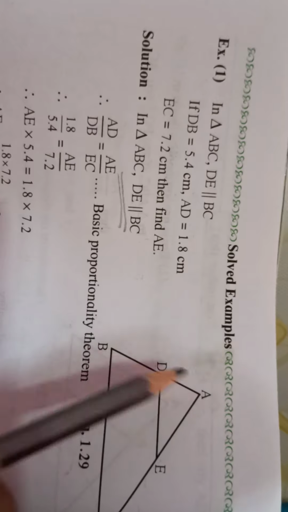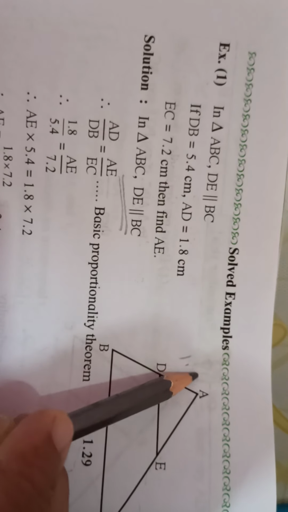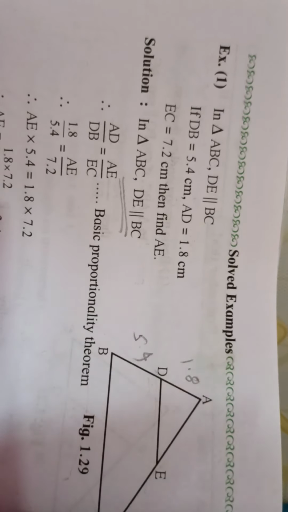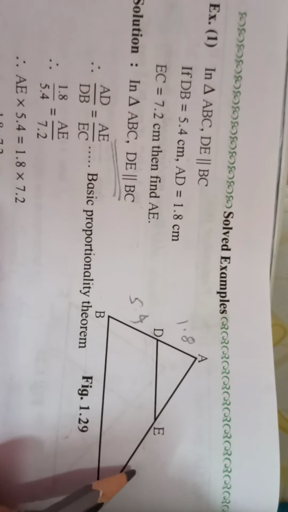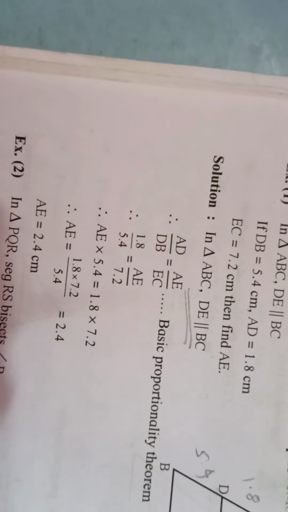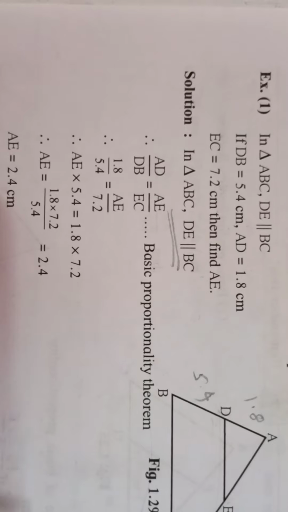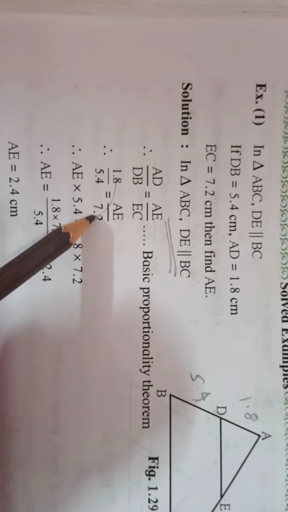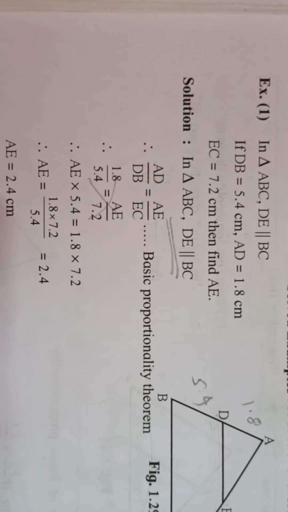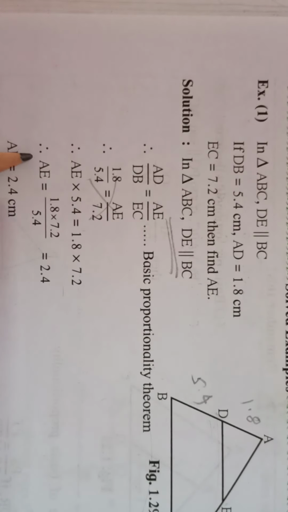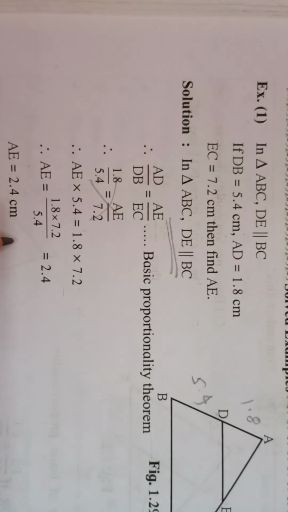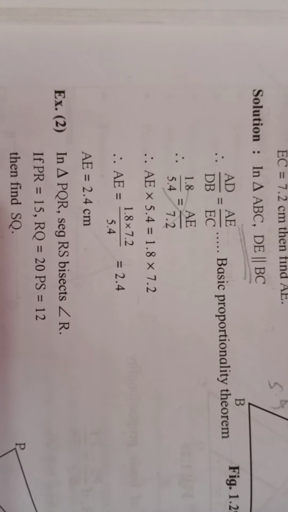Now here AD is given 1.8 and DB is given 5.4 and EC is given 7.2. So first we will apply the basic proportionality theorem and then substitute the values, then cross multiply. Then keep the unknown AE on one side, cancel, and we get the value of AE.